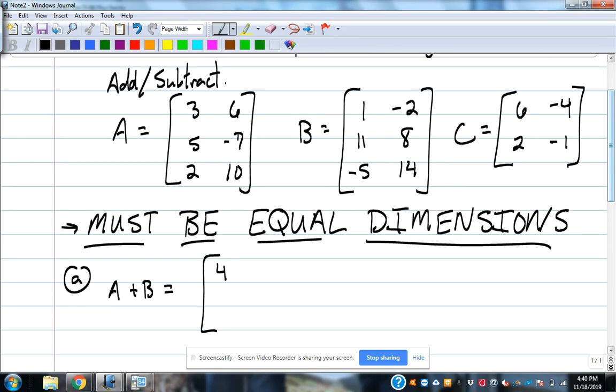And then the next piece, 6 plus negative 2, that's also 4. Then the next row, 5 plus 11 is 16. Negative 7 plus 8 is 1. And then the last row, 2 plus negative 5 is negative 3, and 10 plus 14 is 24.